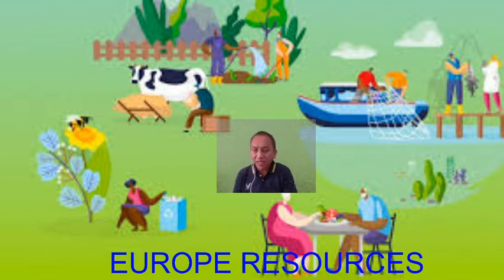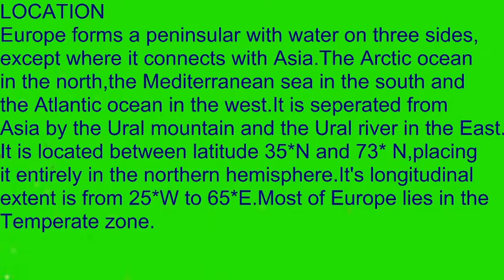So Europe forms a peninsula with water on three sides except where it connects to Asia: the Arctic Ocean in the north, the Mediterranean Sea in the south, and the Atlantic Ocean in the west. It is separated from Asia by the Ural Mountains and the Ural River in the east.